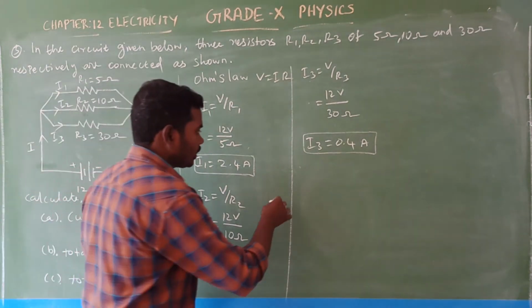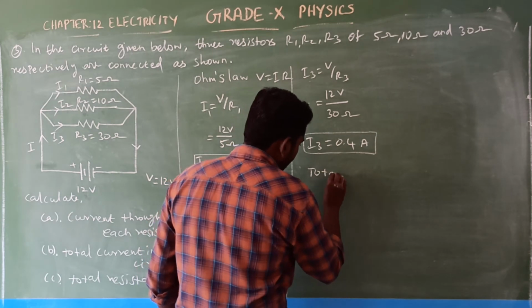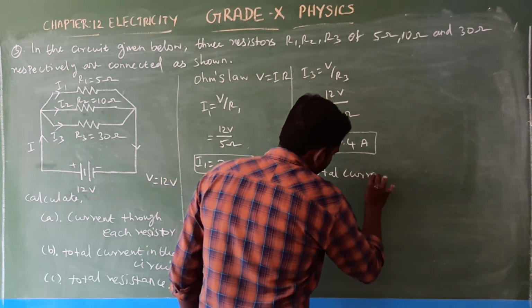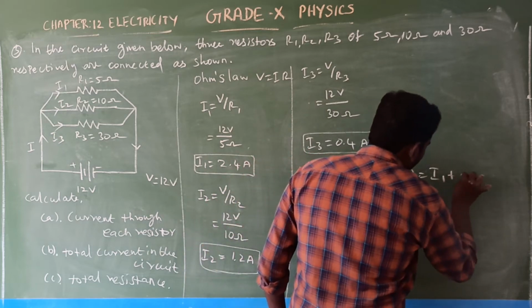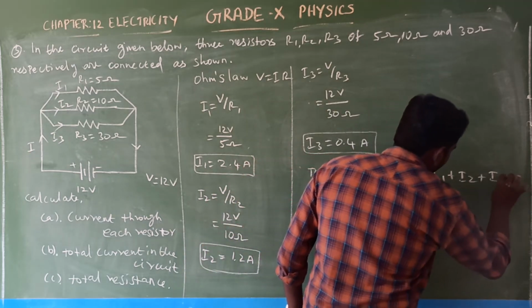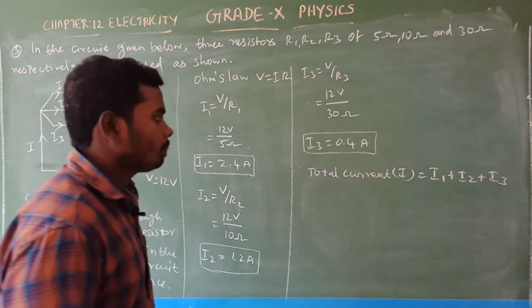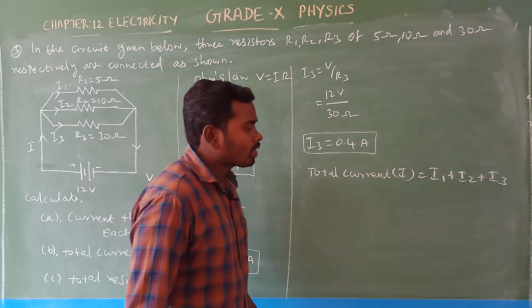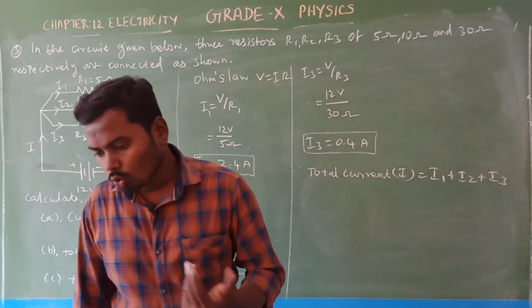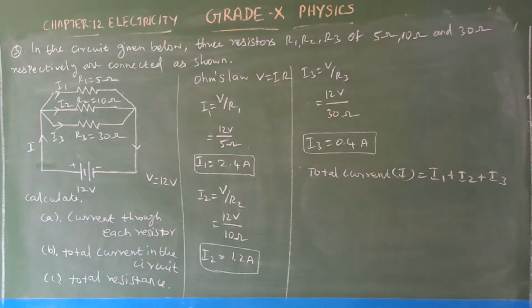Yes, so look at here. The total current I is equal to I1 plus I2 plus I3. So note this point: the total current flowing through the circuit is equal to the sum of the currents flowing through the individual resistances.